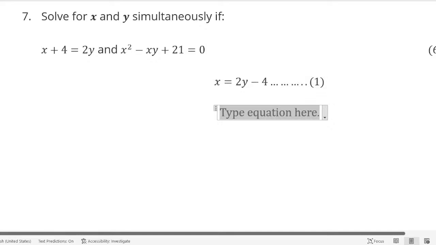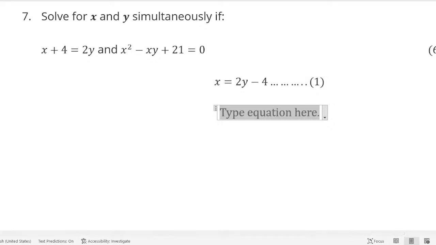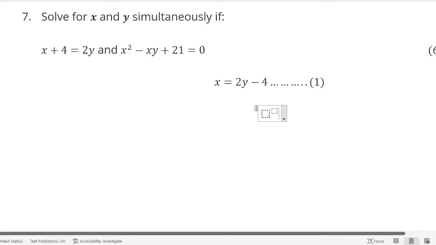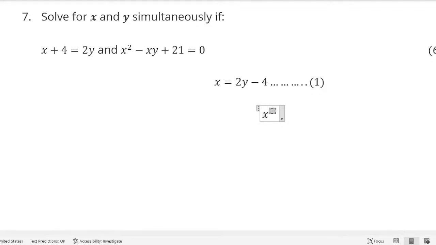Then x squared, we're going to write the second equation as it is: x squared minus xy plus 21 is equal to 0. That will be equation 2.